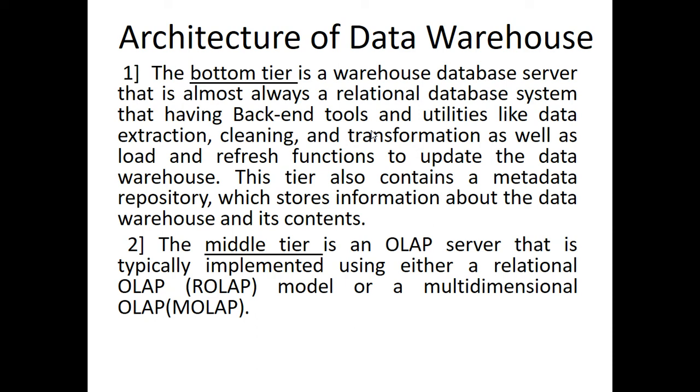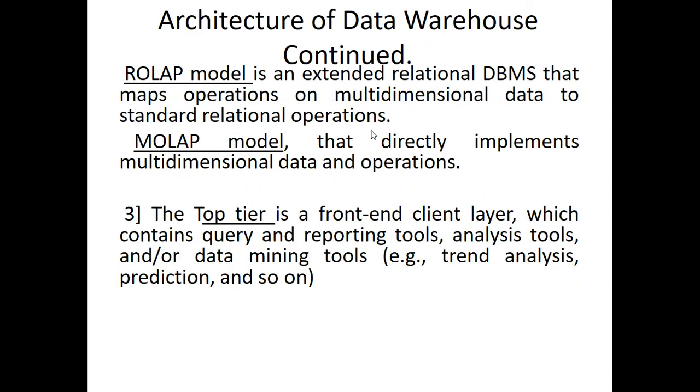The middle tier is the OLAP server, typically implemented using a relational database. We have two types of OLAP: relational OLAP and multidimensional OLAP, called ROLAP and MOLAP. ROLAP, the relational OLAP model, is an extended relational DBMS that maps operations on multidimensional data to standard relational operations.